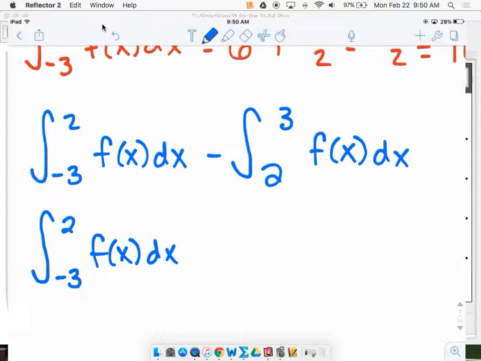Negative. Since I already have a negative there, 2 negatives make it a positive. So you can go from 3 to 2 of f of x.